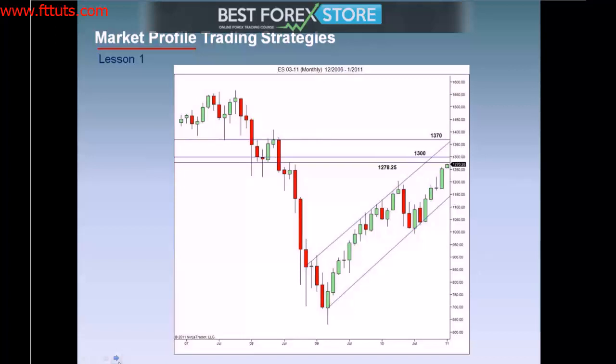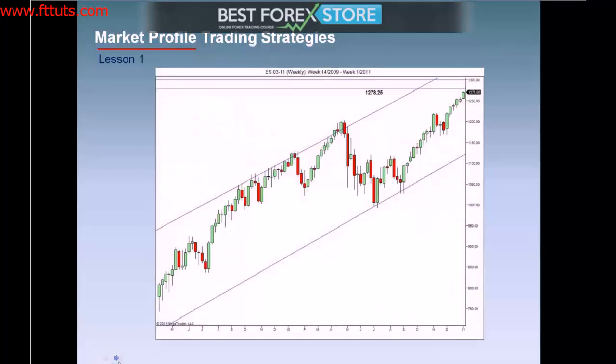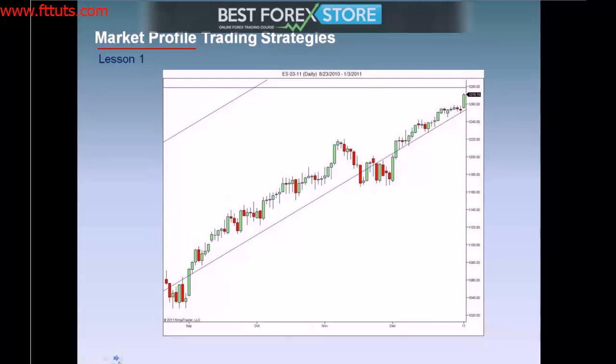Now, a lot of this I'm just introducing to you because we happen to be at the beginning of the year. You will certainly learn how to develop and how to draw all of these lines yourself in this course. And once again, if we drill down even further, these are the same exact lines, the same exact channel from the month, and look how it looks when we look at it from a weekly perspective. Now take a look at it from a daily perspective.